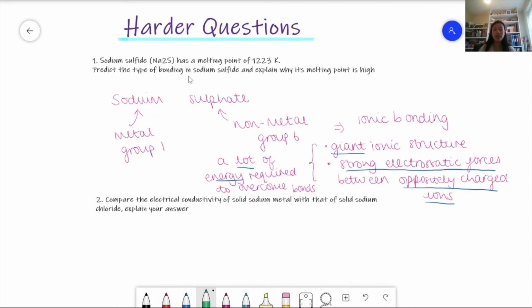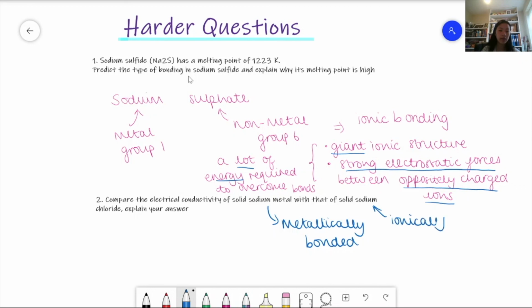And for the second question, compare the electrical conductivity of solid sodium metal and solid sodium chloride. We're actually going to go into this in a bit more detail when we do metallic bonding, but sodium metal is actually metallically bonded, and sodium chloride we know is ionically bonded.